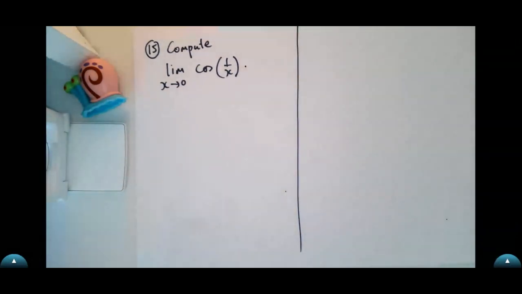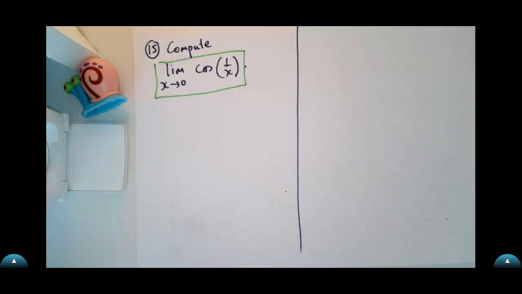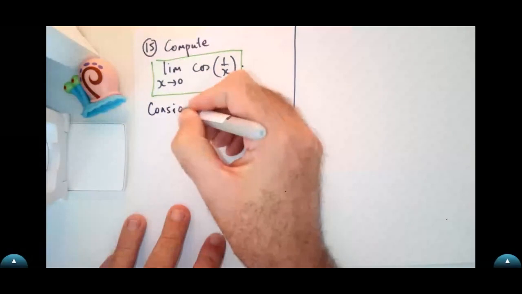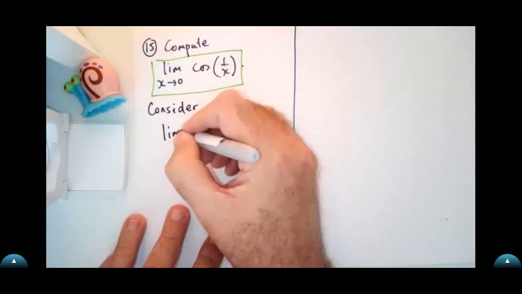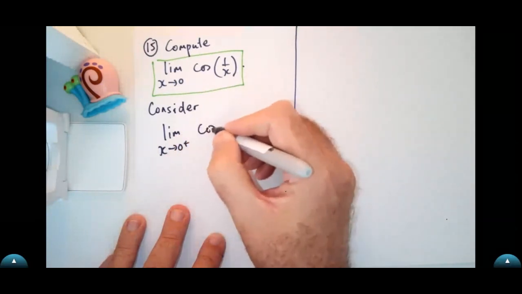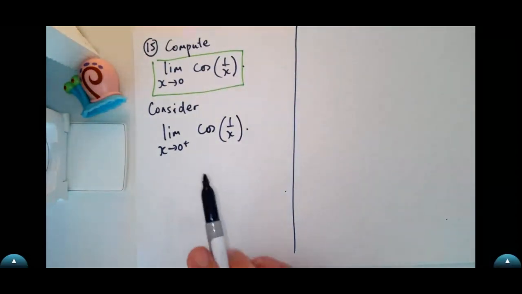Okay. All right. So one strategy here is, instead of considering the whole limit, let's just consider, say, the right-hand limit. Okay. So let's consider this right-hand limit, because that will help us understand the limit in general. Okay?